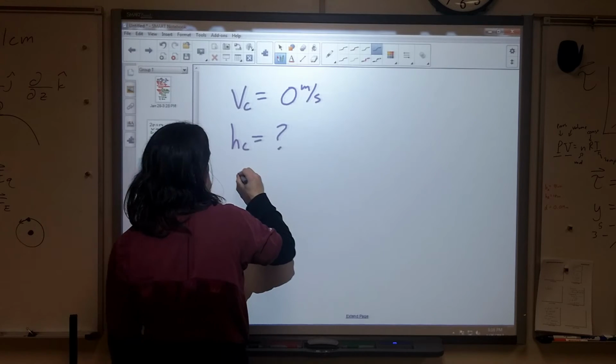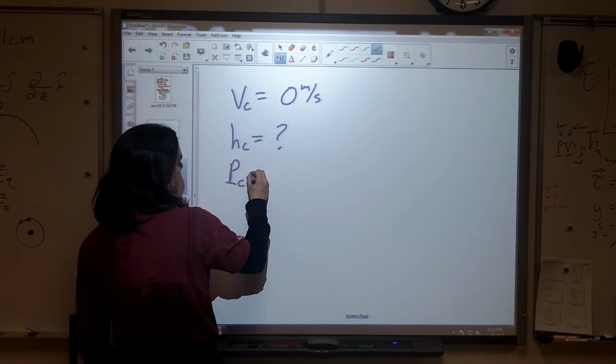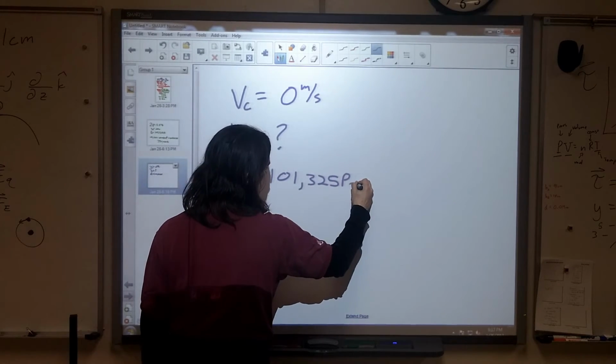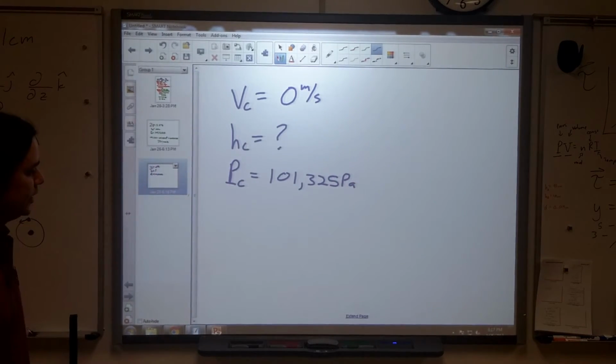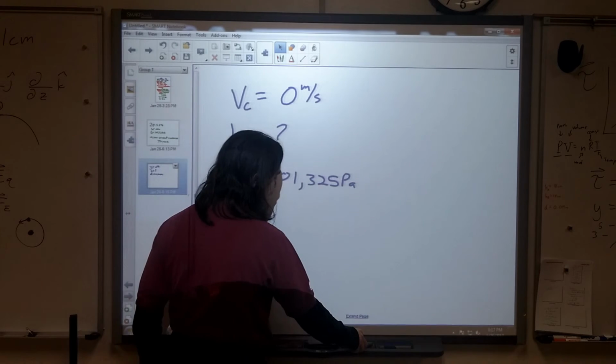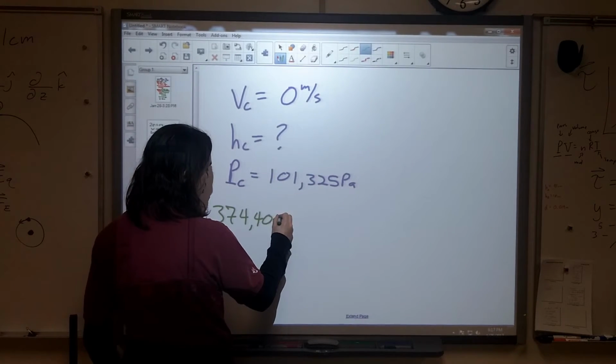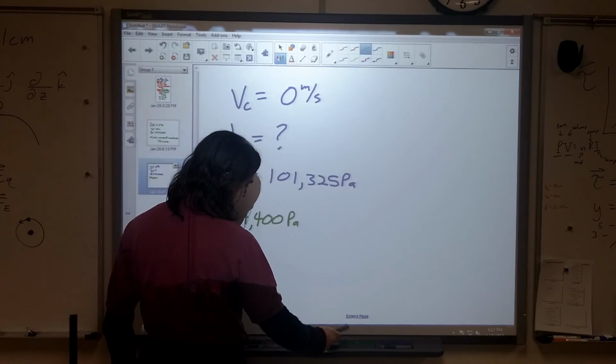HC is what I'm looking for, and we said that we would keep it at atmospheric pressure. All right. So we said that our total constant was equal to 374,400 pascals.